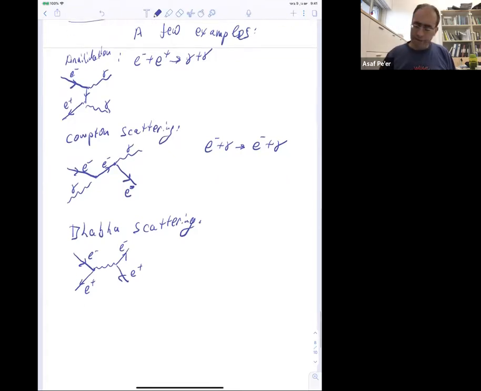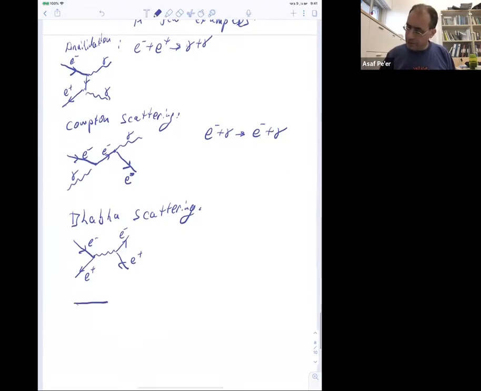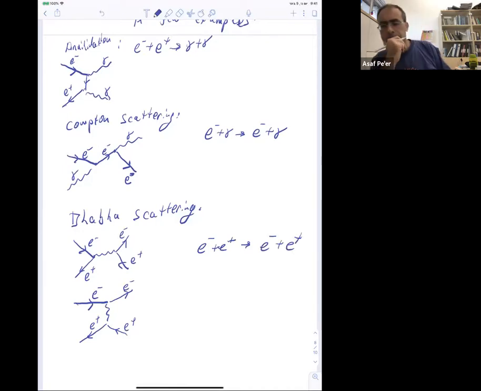So we can also have an electron that emits a photon, and then this photon interacts with the positron. This is E minus, E plus initially, and E minus, E plus at the end.